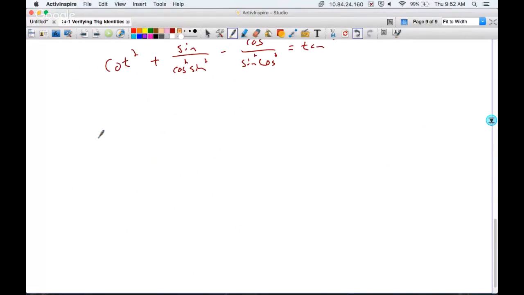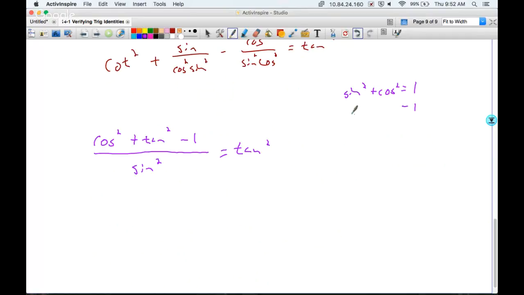Okay. Cosine squared plus tangent squared minus 1, all over sine squared. Oh, I think I can see it now. This here, if I take my Pythagorean identity, sine squared plus cosine squared equals 1, and I subtract 1 from both sides and subtract sine squared from both sides, I'll get cosine squared minus 1 equals negative sine squared.